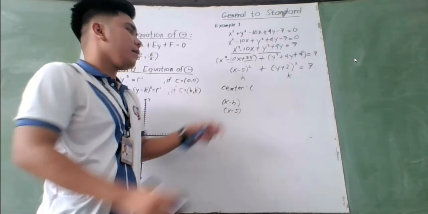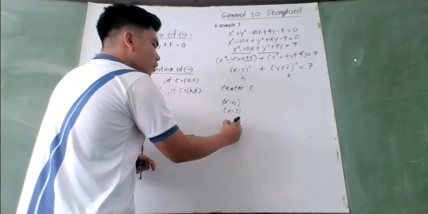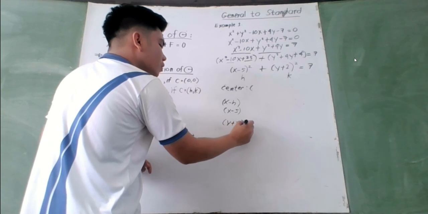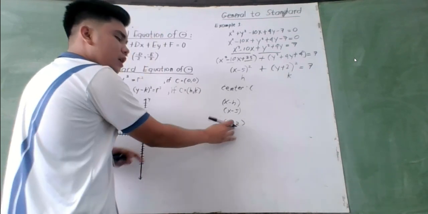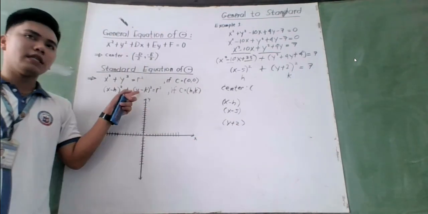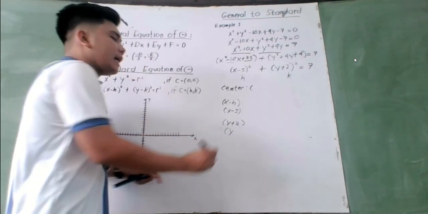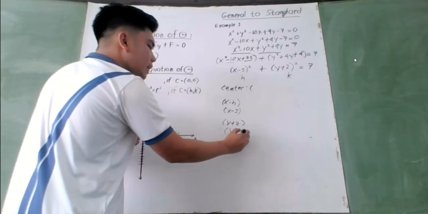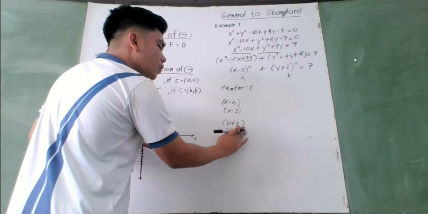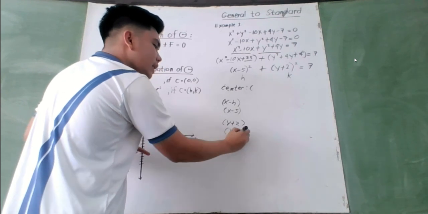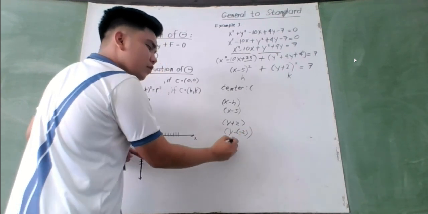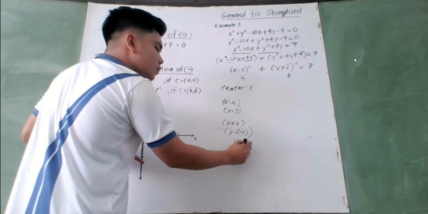But in this example, y plus 2, this becomes positive when the original is negative. So that is obvious that it used to be negative. So y minus k, or y minus the k now is negative 2, and then it becomes y plus 2.